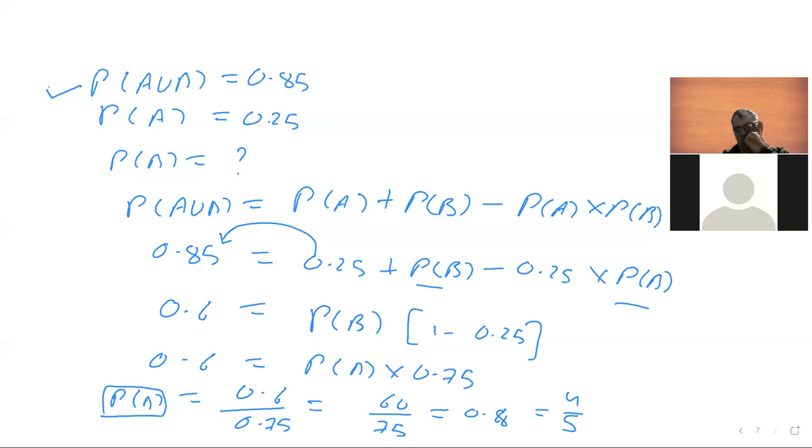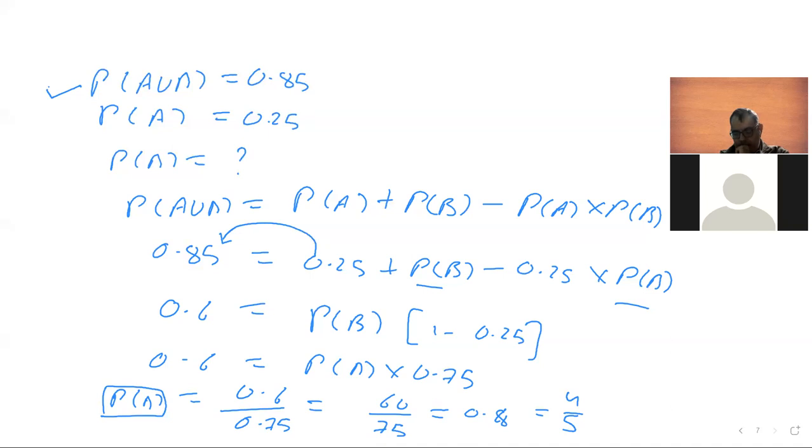Do exactly the same. I will show you the steps I wrote in the last question. I don't know where I went wrong. What is P(A union B)? 0.4. What is P(A)? 0.25.